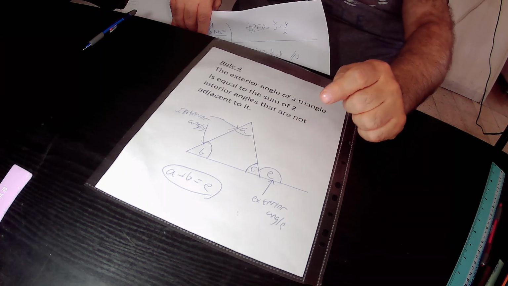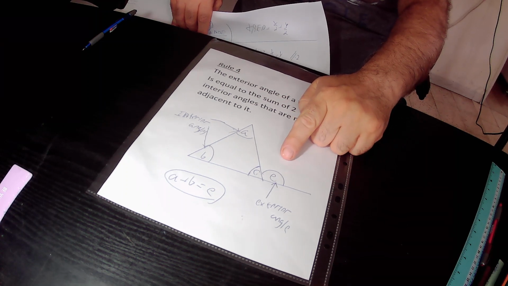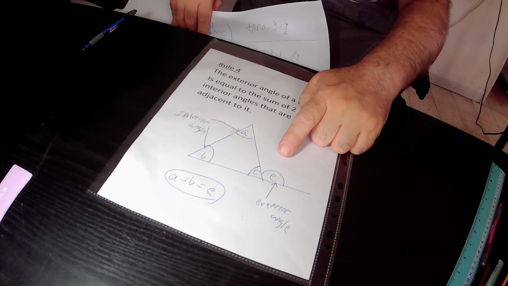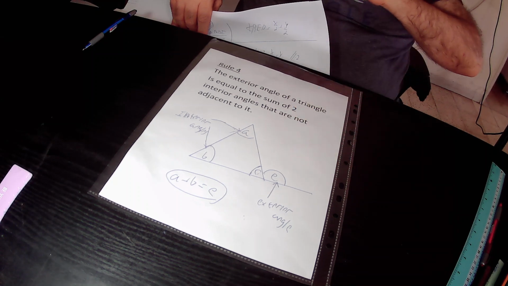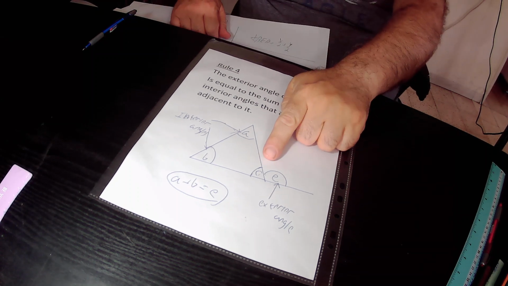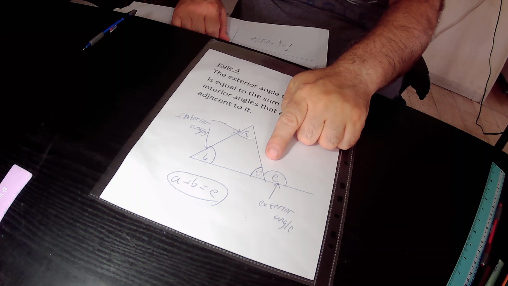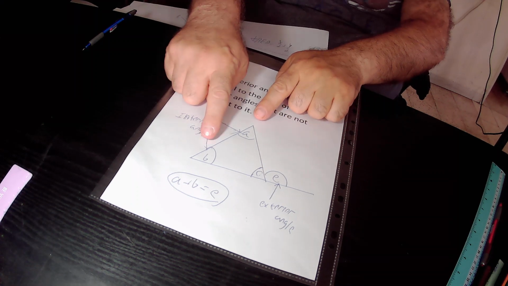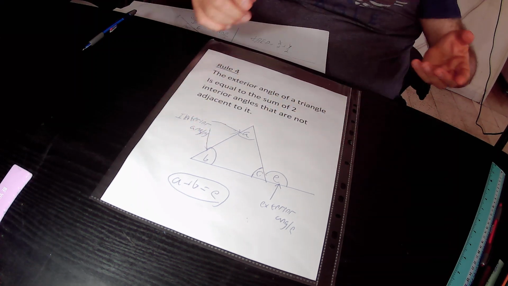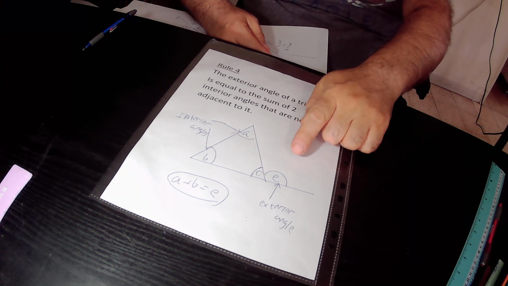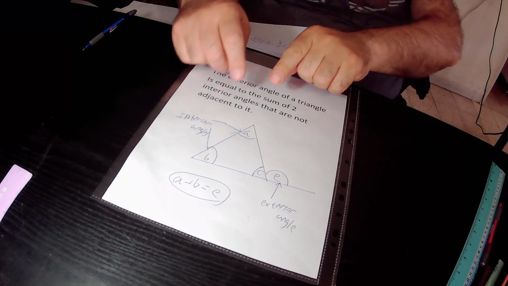According to this rule 4, the size of the external angle E is equal to the sum of the two angles that are not adjacent to it. Angle C is definitely adjacent to angle E. And the two other angles that are not adjacent to angle E are those two angles A and B. And according to rule 4, the size of angle E is the sum of the two angles that are not adjacent to it.